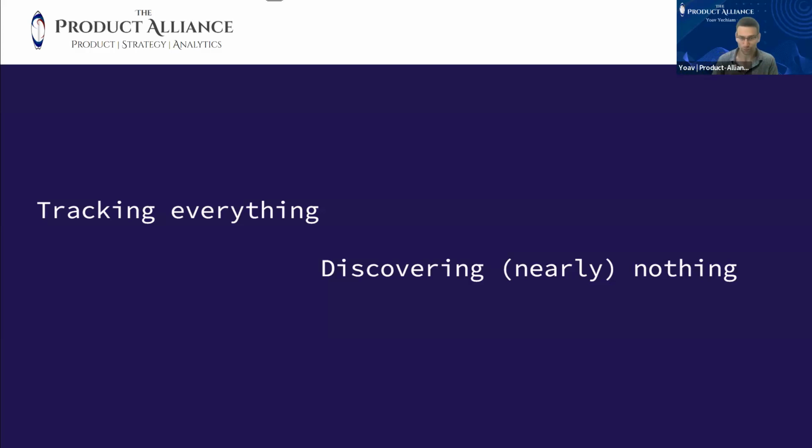These are pretty logical people, and the concept says that whatever we don't track is going to get lost forever, right? So we have to go very broad and very wide and make sure that we're tracking every single interaction that our user can possibly do with our product.